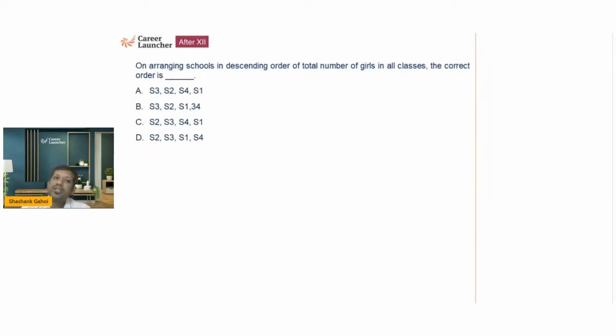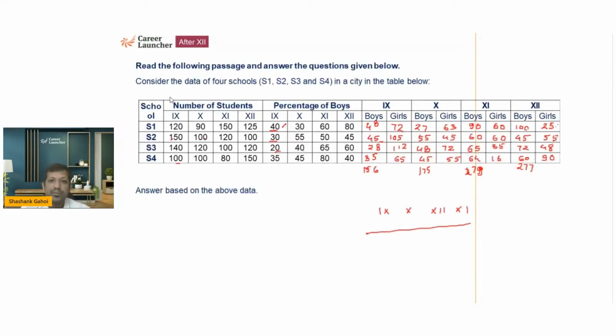Now, arranging schools in descending order of total number of girls in all classes. So we are looking for the total number of girls in all the classes. So now I need to add up girls, but I need to add up for all the schools.